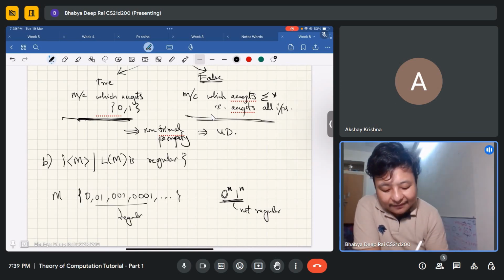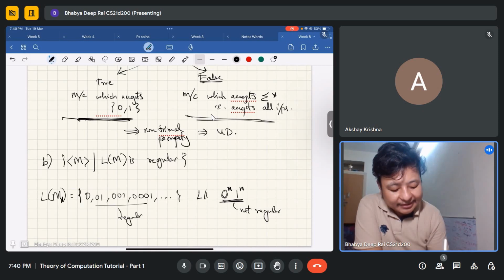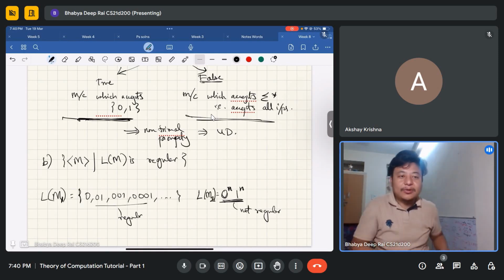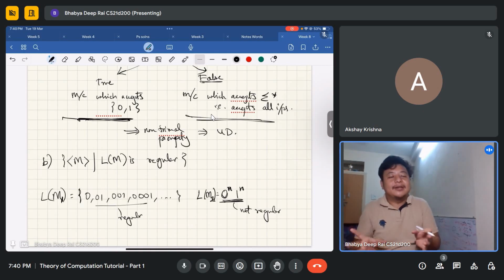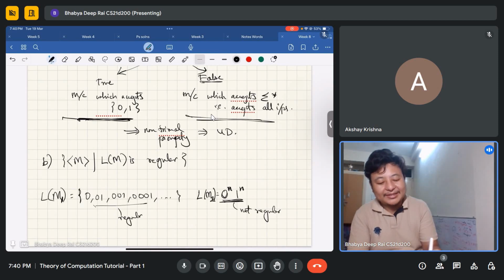So I can have a Turing machine which accepts this as my language, and I can have a Turing machine that accepts this as my language, because my Turing machine will simply simulate the DFA. It will do whatever the DFA is doing, or in this case, whatever the PDA is doing. And Turing machines, as you know, are as strong as algorithms. So computing this is not very difficult for it.